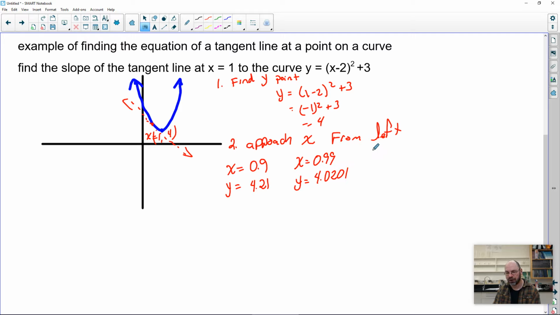And if I go from here, x equals 0.999, I get 4.002001. Sorry, I can't read my own writing over there. So as we approach from the left, it's getting closer and closer to that 4 mark.